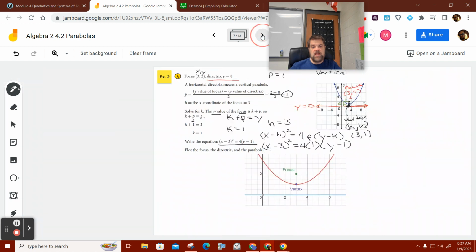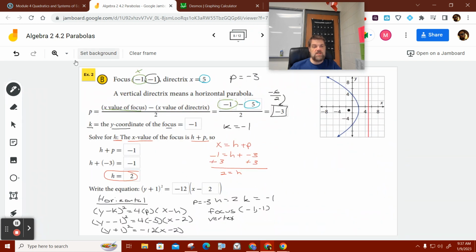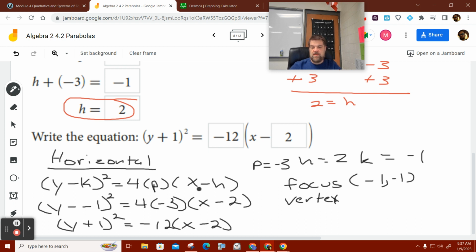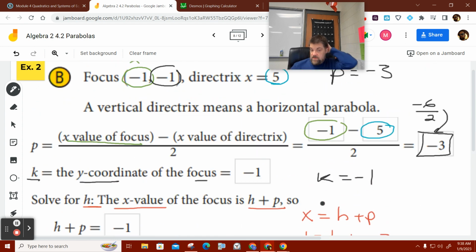So I'm just going to plug all that information in here. So the vertex is just h comma k, which is just going to be 2 comma -1. What else did we need to graph it? They gave us the directrix, right, which was x equals, what was it, -5 or 5? 5.